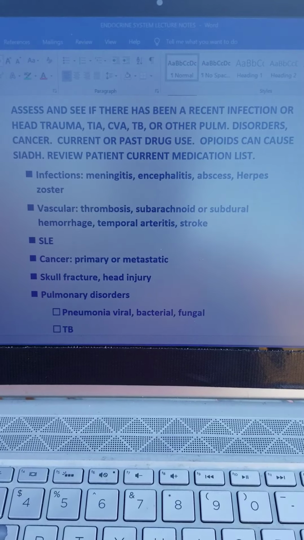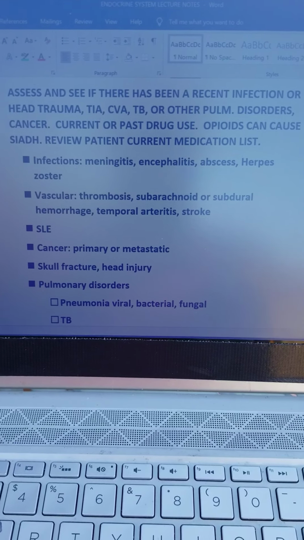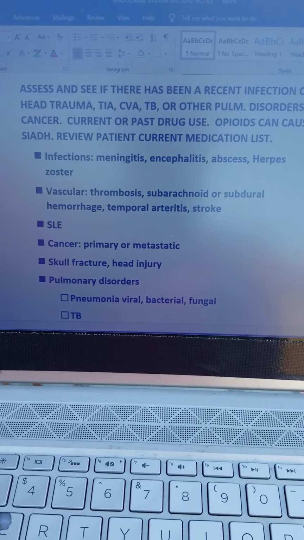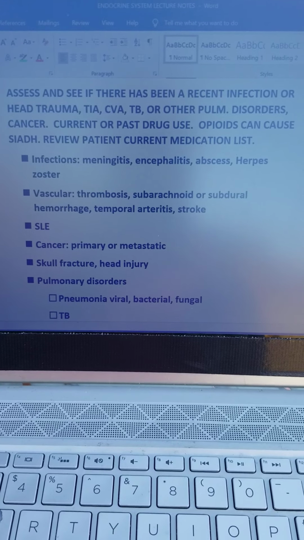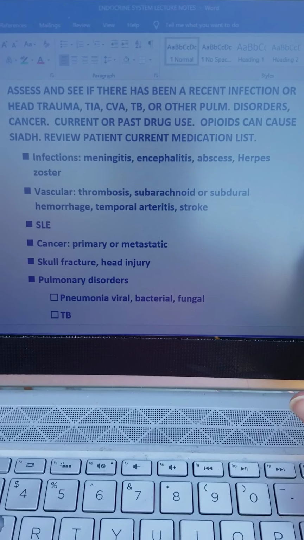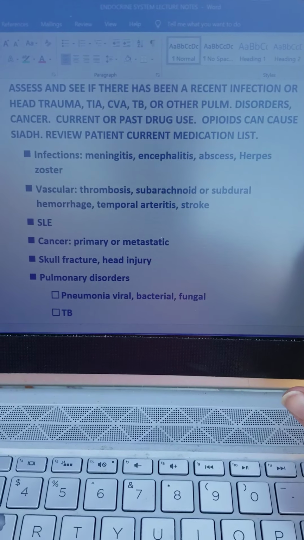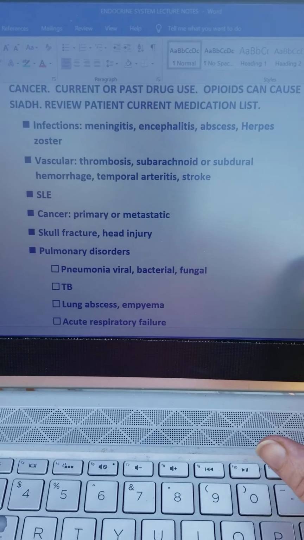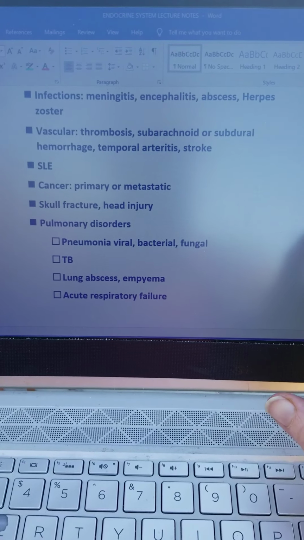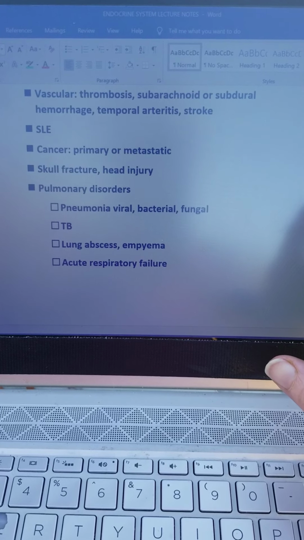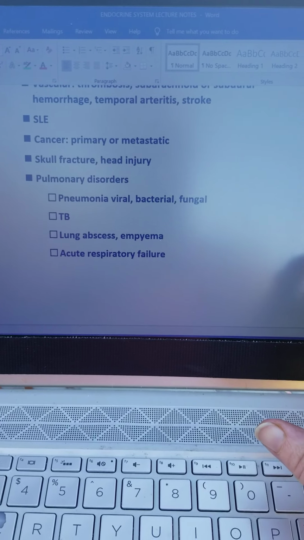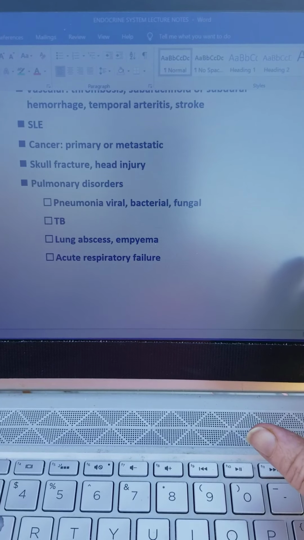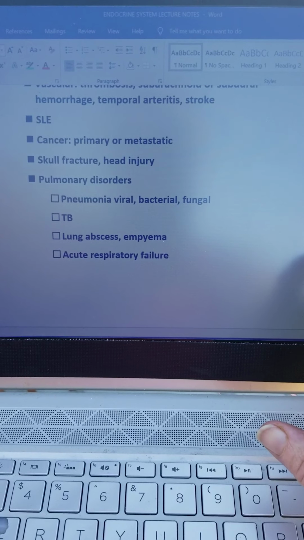Current or past drug use, opioids can cause SIADH. Review the patient's current medication list. Infections such as meningitis, encephalitis, abscesses, herpes zoster. Vascular causes are thrombosis, subarachnoid or subdural hemorrhage, temporal arteritis, and stroke. SLE.